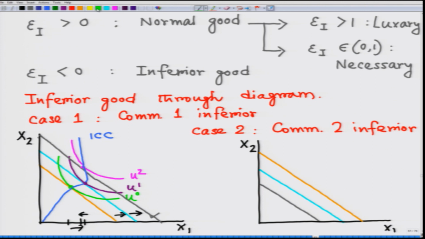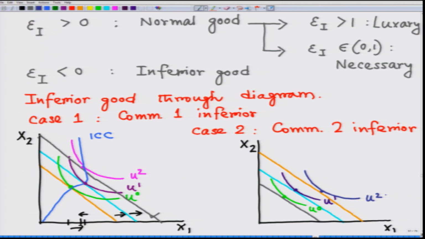So, let us start with the consumer's equilibrium here, then let us say we have the tangency point noticed here, and then finally let us have another tangency point, this time such that at tangency the consumption of commodity 2 has gone down.